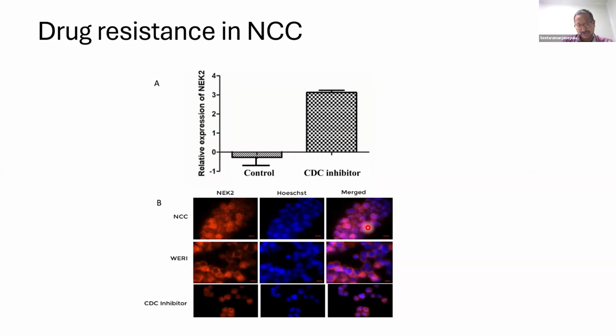In this figure, as you can see, the protein is cytosolic in WERI, and in NCC it is in the nucleus. Upon the CDC inhibition also, it didn't change. So we confirm that the NCC cell line has drug resistance nature.